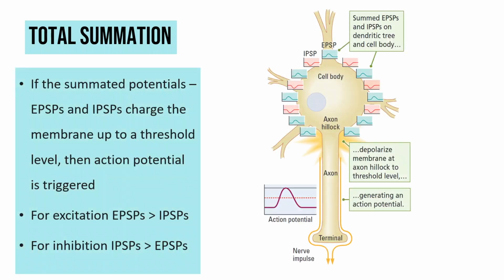So the total summation is as follows. It depends on how many excitatory versus inhibitory signals there were from other neurons, and a single cell combines all of those into one action potential, whether positive or negative, and that will have an effect on whatever organ this particular neuron is attached to.